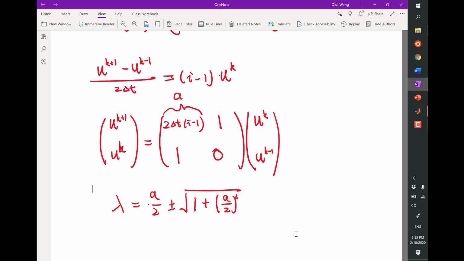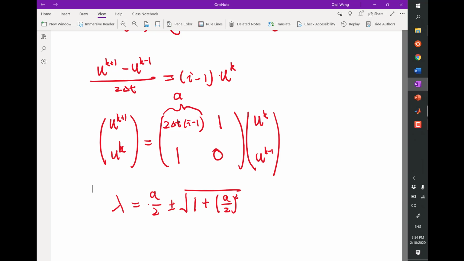As you can see, if my A is equal to 0, which is the zero stability analysis, my lambda is equal to plus or minus 1, which we saw at the beginning of this lecture. But as long as A is not 0, we are going to start having problems.